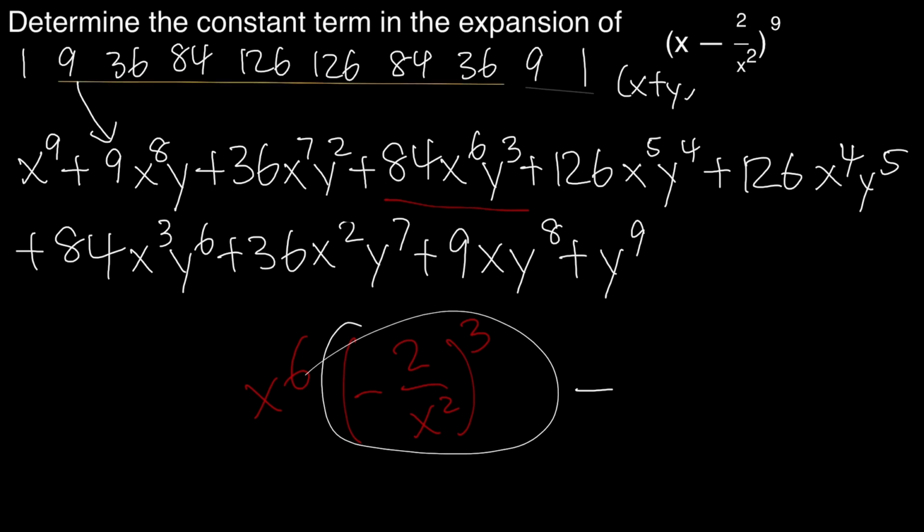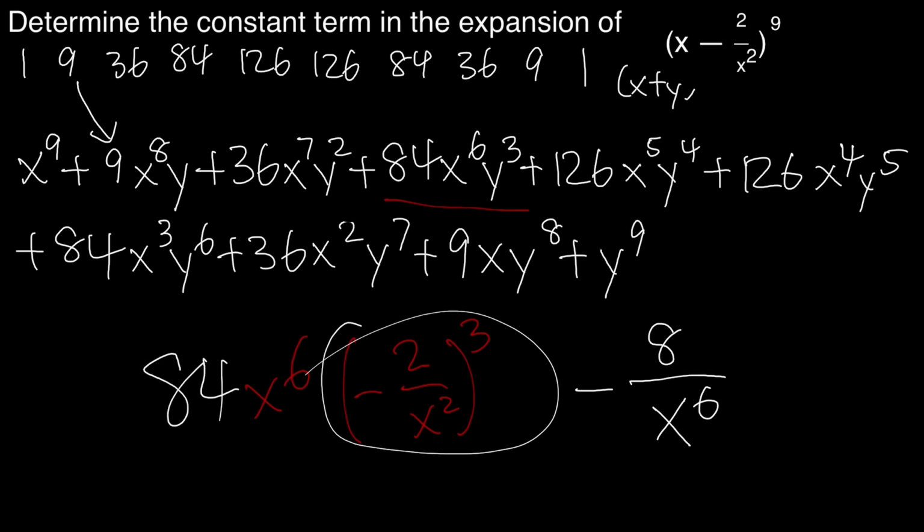We can see 2 to the 3rd would be 8, and x to the 2nd to the 3rd, 2 times 3, we're going to get x to the 6th. Now, don't forget about the 84 in the front. So 84, that's our coefficient. And we have officially gotten rid of that.